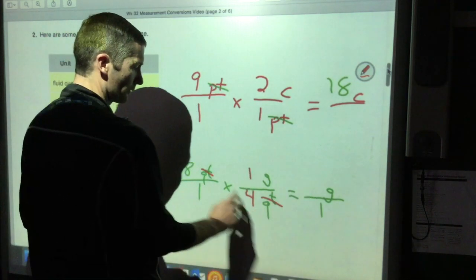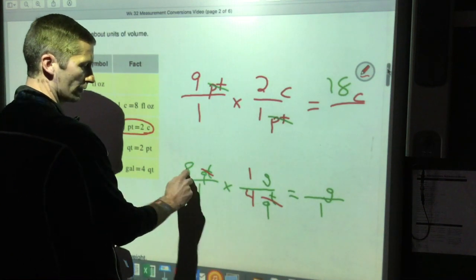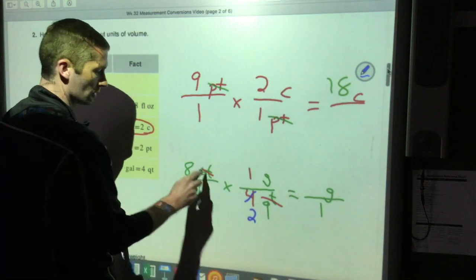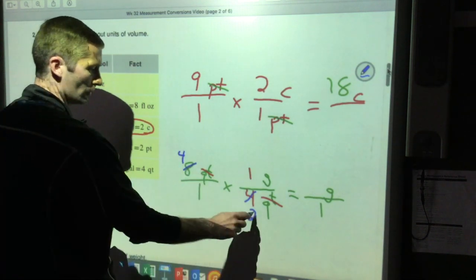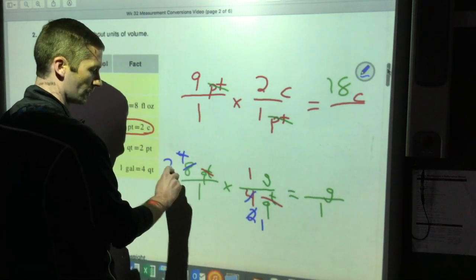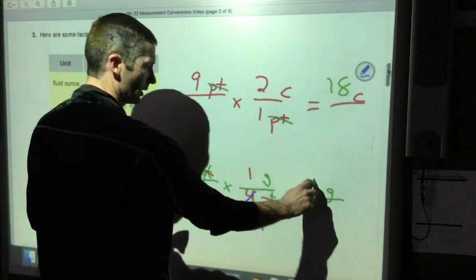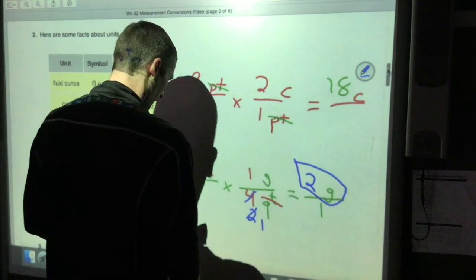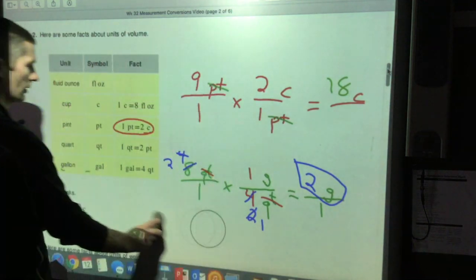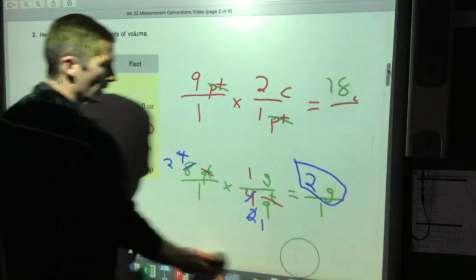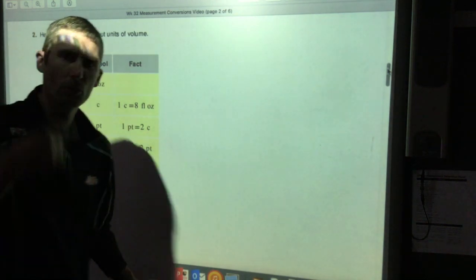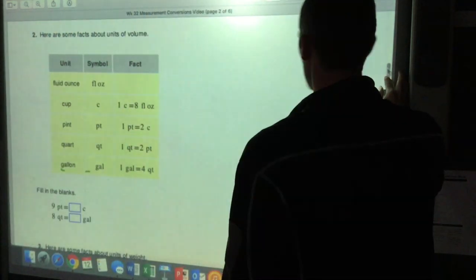My answer is 8 over 4, which I could simplify first. 8 and 4, divide them both by 2. Divide them both by 2 again. So my answer is 2 gallons over 1, or just 2 gallons. Yes, I know you can just divide by 4 straight away and get your answer, but I want you to get used to this because these are building blocks.